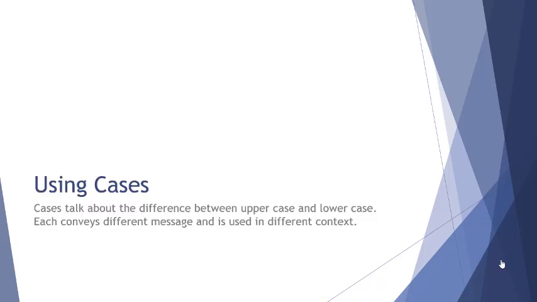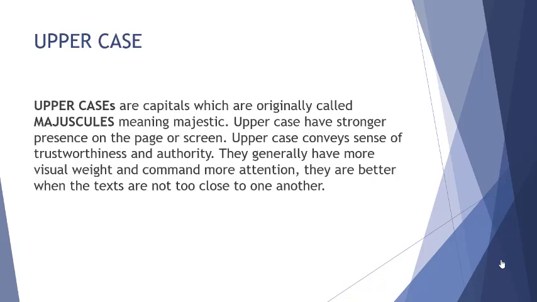Now, using cases. Cases talk about the different styles, the difference between uppercase and lowercase. Each conveys a different message and is used in different contexts. Now, uppercase letters are capitals, which were originally called majuscules, meaning majestic. Uppercase has a stronger presence on the page or screen. Uppercase conveys a sense of trustworthiness and authority, and of course emphasis.